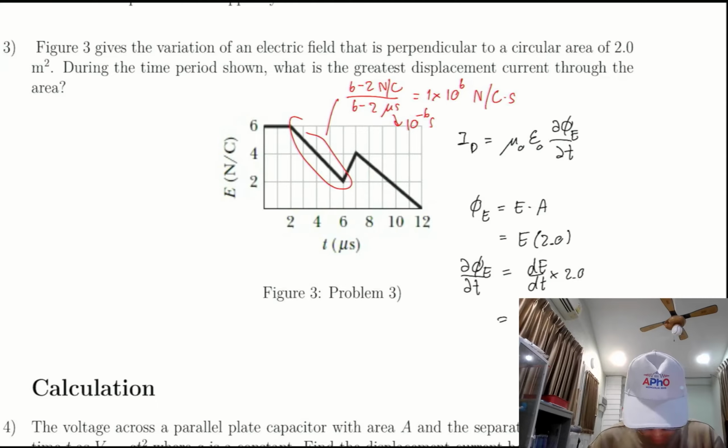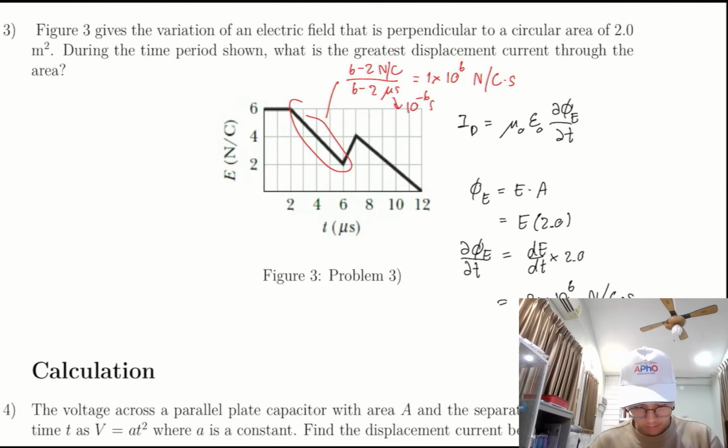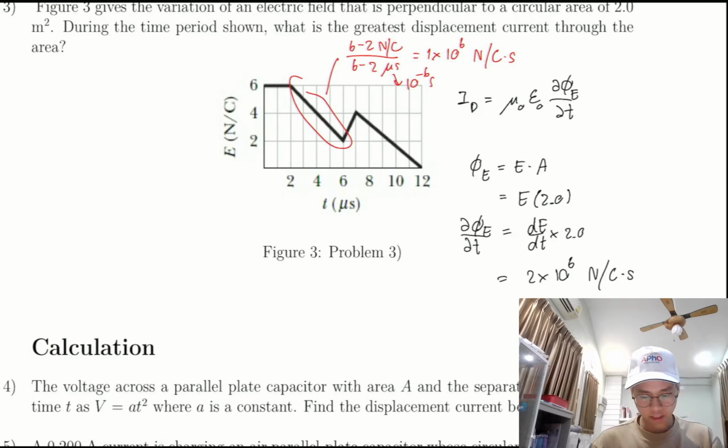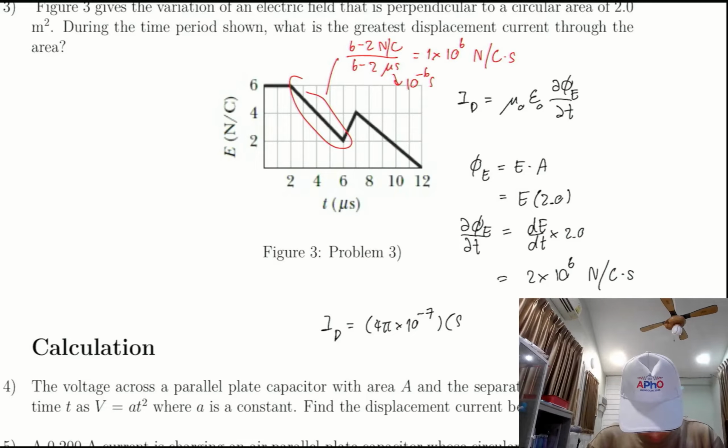So the answer is 2 times 10 to the 6 Newton per coulomb second. Okay, and we just compile all together. We got the value of mu is approximately 4 pi times 10 to the negative 7, times epsilon 8.854 times 10 to the negative 12.